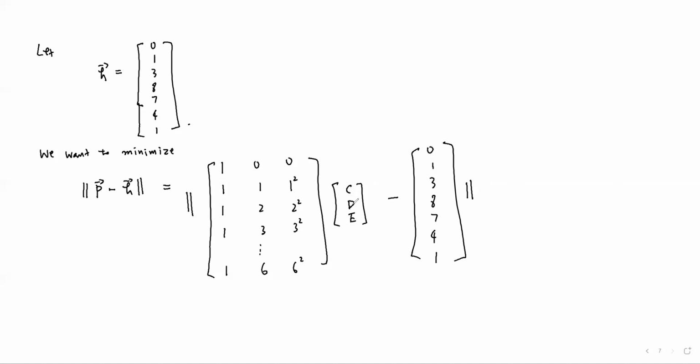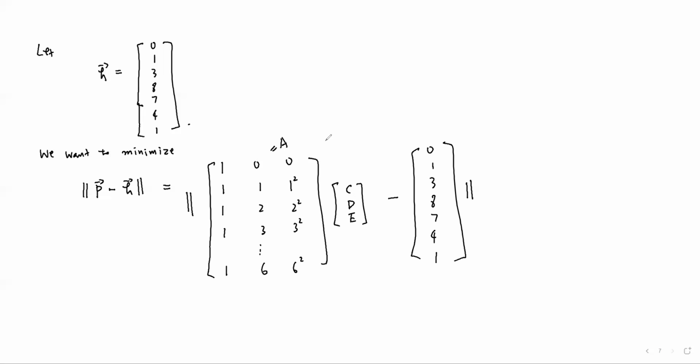How to choose C, D, E so that A times this vector minus this vector is minimized? The distance means the left side of the linear system minus the right side.